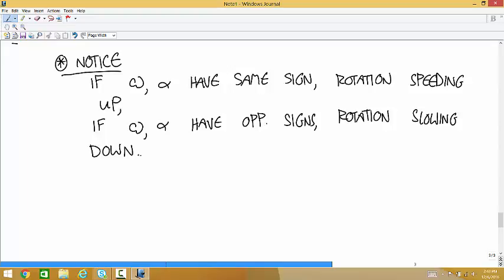Okay, any questions about those? So you can think of angular position as telling you the orientation of an object at a single instant. Angular velocity is how quickly that orientation is changing. And angular acceleration is how quickly that angular velocity is changing.